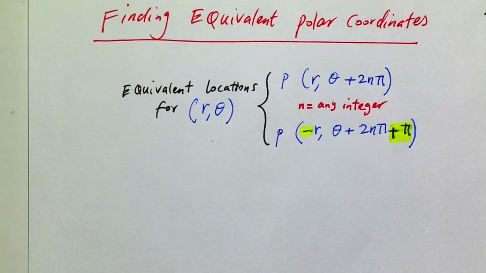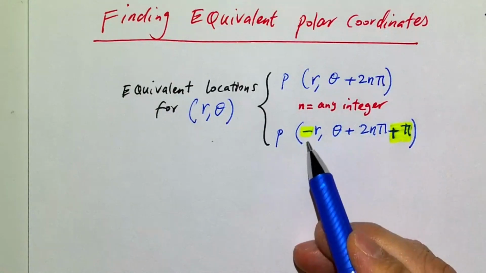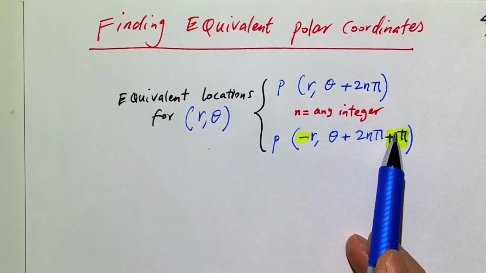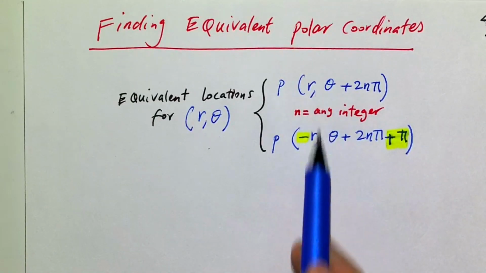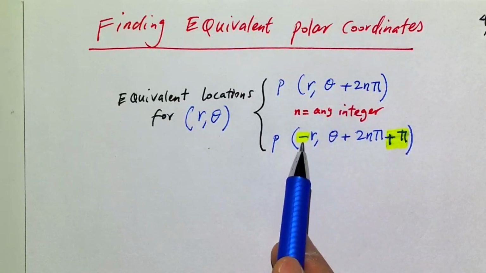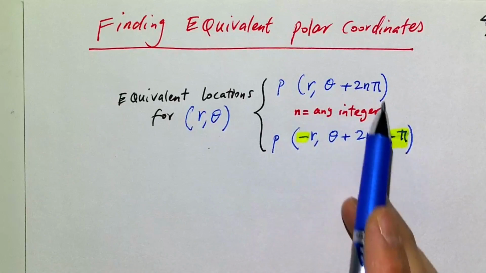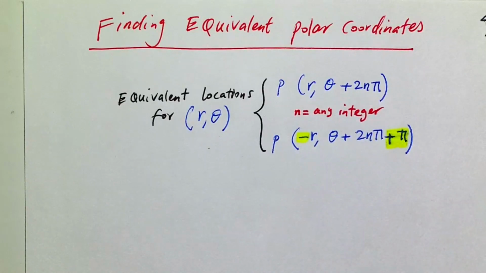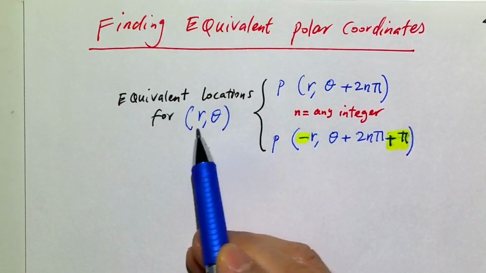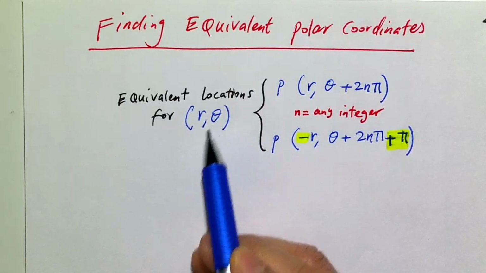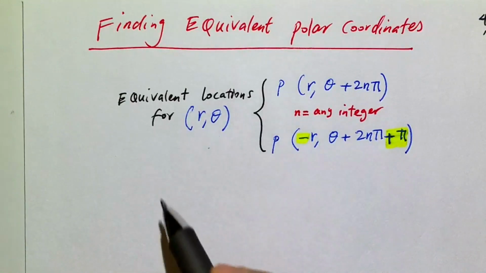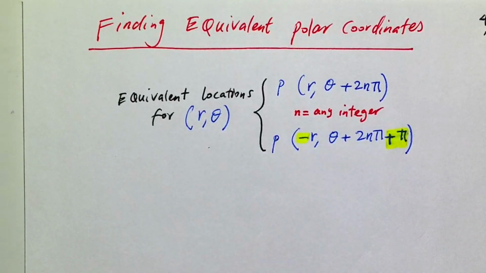Do you notice the difference? Without this negative, we don't have plus π. It would be just (r, θ + 2nπ). But if I put a minus in front, then we add π, just to bring the point back to the equivalent location. All right, I probably want to box this.